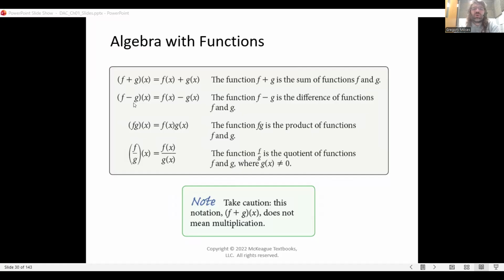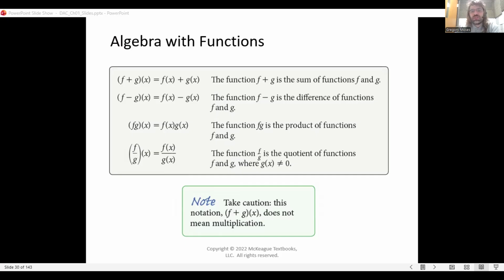You see, of course, there's nothing magical about subtraction. We can do the same thing with addition, with multiplication, and with division. This note here, this is something I see students do more in college algebra than in applied calculus, but it's just making the point that often when you have parentheses next to each other, that's shorthand for multiplication, right?